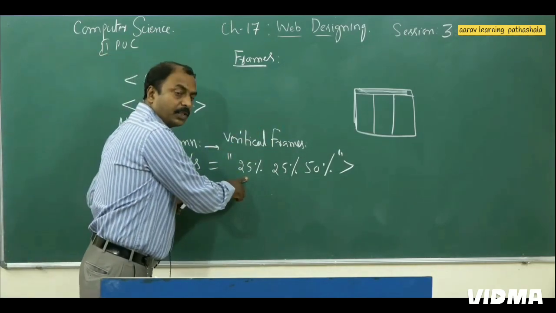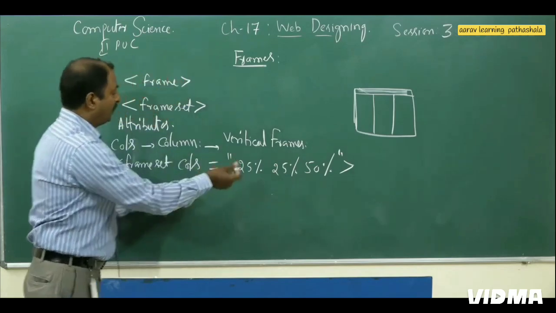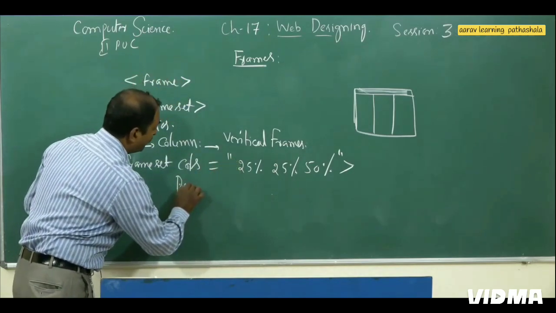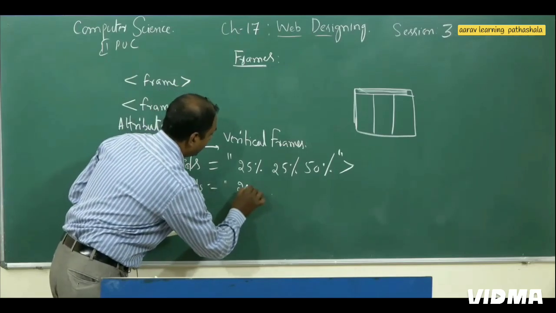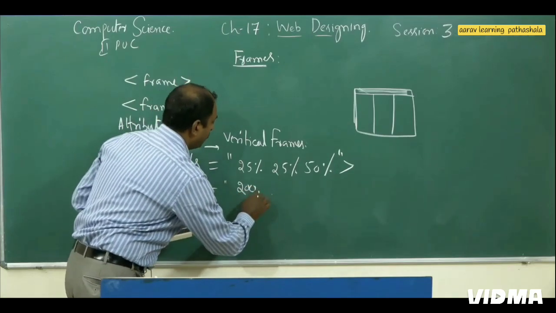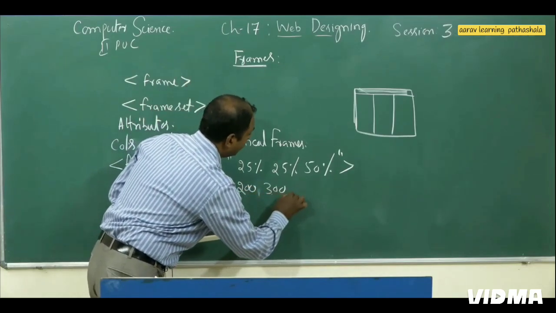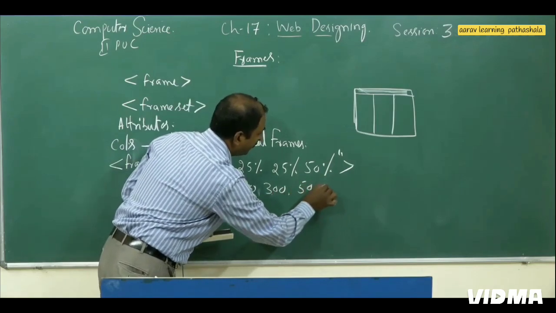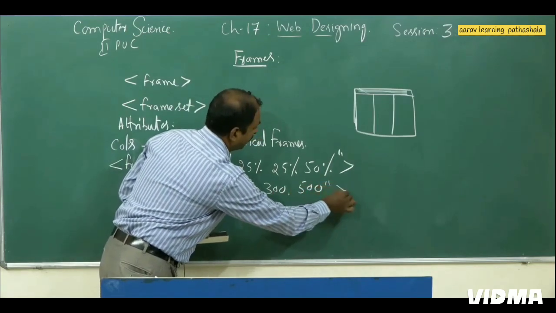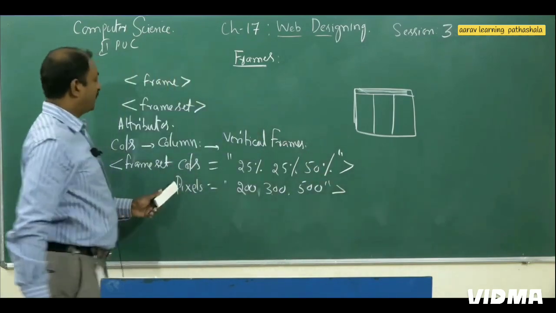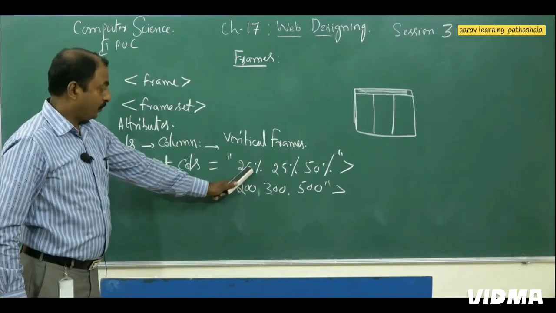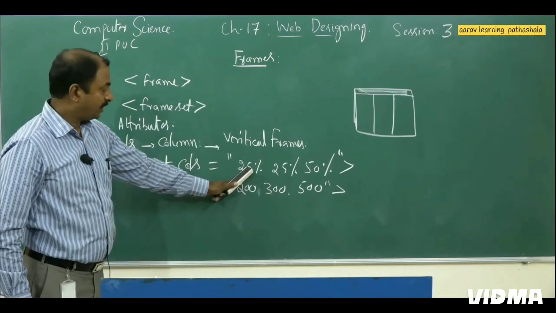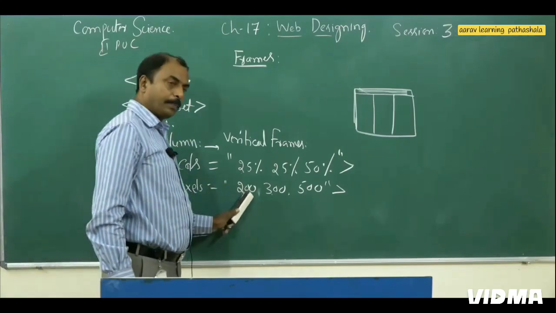In another method, instead of using percentages, we can also represent the values with pixels, that is, we can write 200, 300, 500, and close it. So either way we can give the values, whether in percentages or in number of pixels.